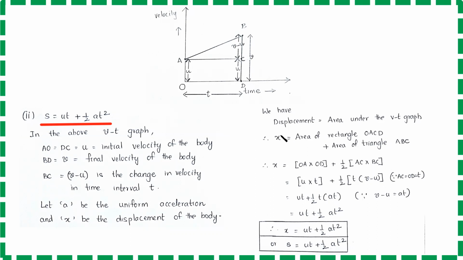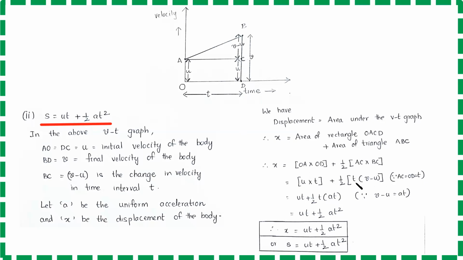Now OA means, you can see from the figure, OA means u, OD means t, plus half of the triangle. The height of the triangle, that is AC, we are taking as t, and the base BC is v minus u.